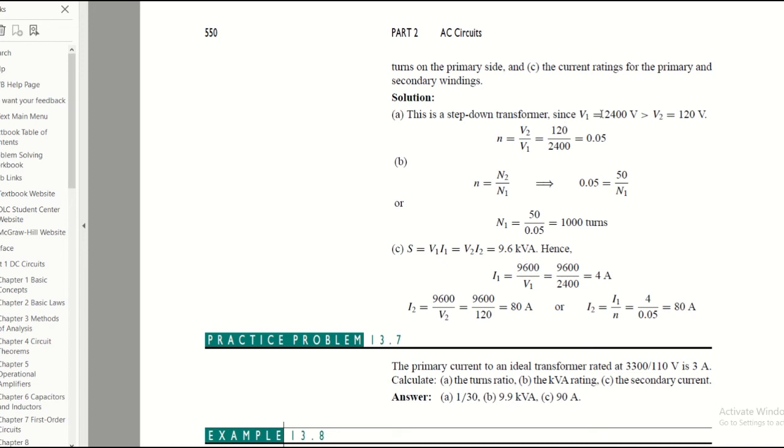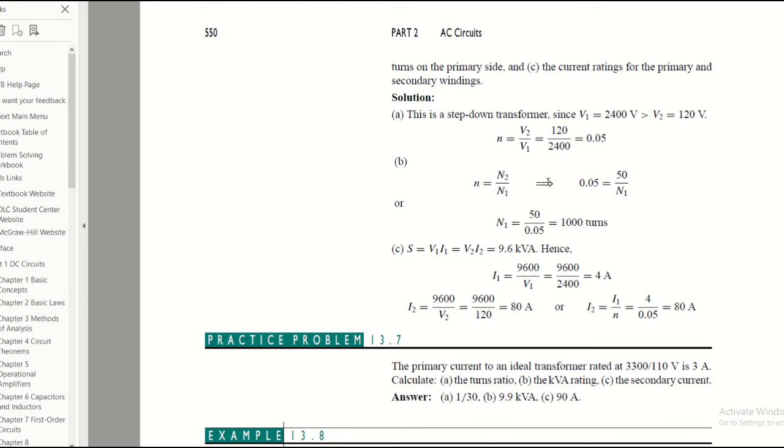The value of V1 is much larger than V2, so it is basically a step down transformer. And to find the turn ratio, we can use this equation, n equal to V2 over V1, so that you get 0.02.